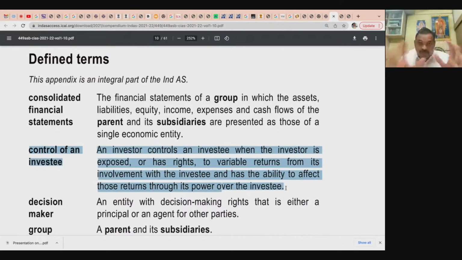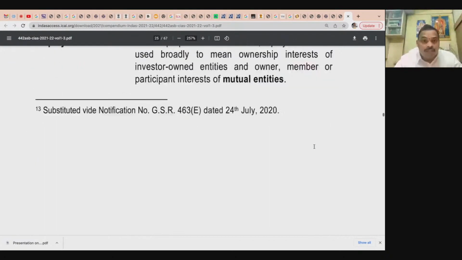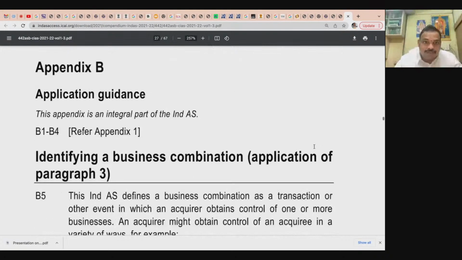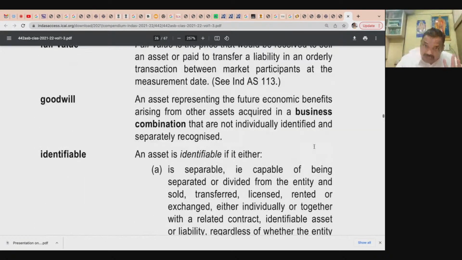So that much information is there. So I have to give a lot of examples. Okay. So don't jump to the conclusion that shareholding alone is control. Okay. That is why this term control is not actually defined here. And if you go to the last paragraph, they will say the term control is already defined in other paragraphs.